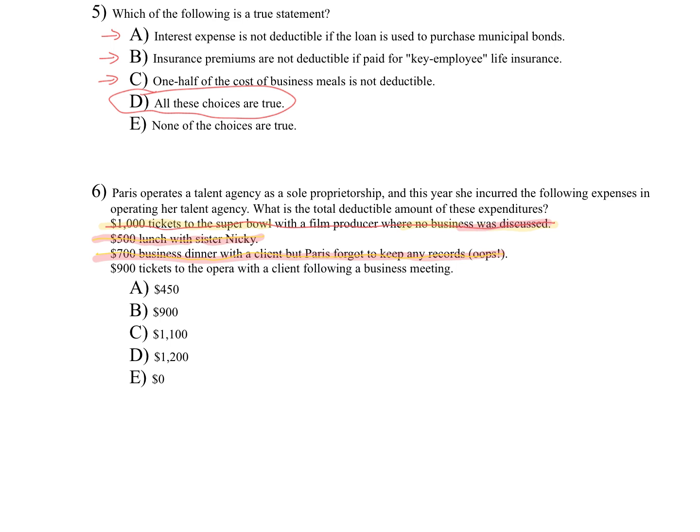$900 tickets to the opera with a client following a business meeting. Okay, what do we know about this one? Was there a business purpose? Yes, there was in fact a business purpose here. However, as of 2017, as part of the Tax Cuts and Jobs Act, entertainment is not deductible.